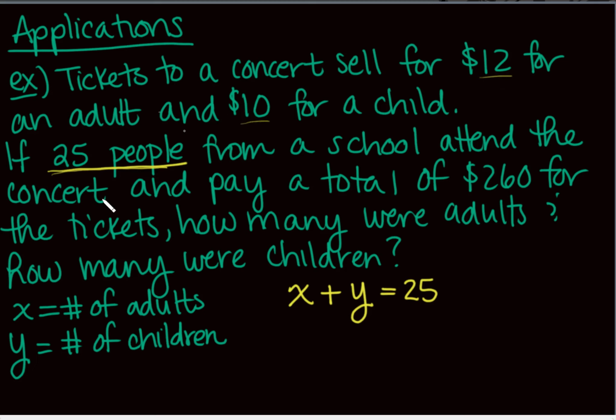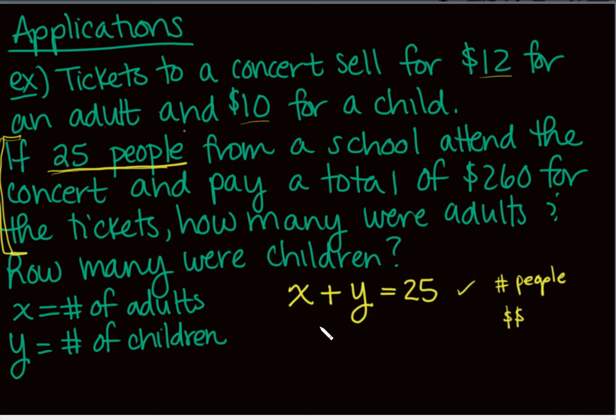But if I look at this sentence right here, it really tells me what I want to know. I know 25 people from a school attended the concert. Then it says they paid a total of $260 for the tickets. So this is the number of people, this first equation. Now let's talk about money.